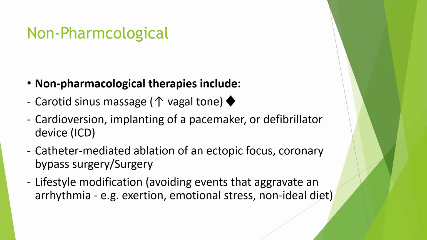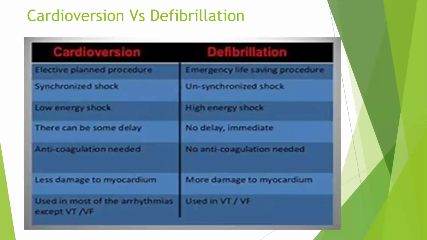Whereas the catheter-mediated ablation, especially when you have an ectopic focus, all right, especially those ones connecting the atria to the ventricles, you can do catheter-mediated ablation and cauterize that ectopic focus. Lifestyle modification is important, all right, especially in patients with chronic arrhythmias.